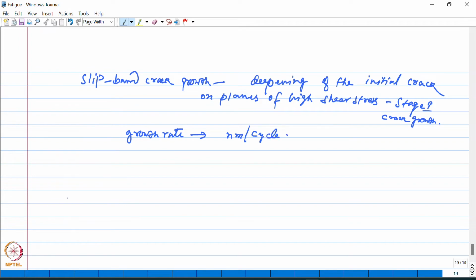and crack growth on planes of high tensile stress, that is stage 3 of fatigue, is known as stage 2 crack growth.